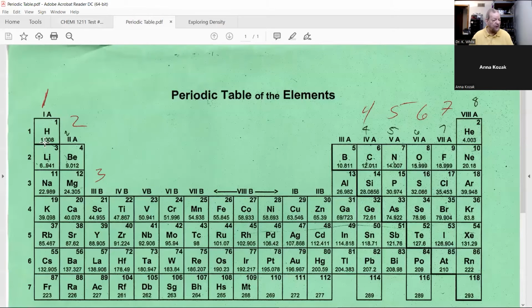We'll look at hydrogen and we see 1.008. Remember, on my tests and quizzes, it will say, please round off to 3 significant figures. That's 1.01. And while we're here, oxygen, which is in water also, is 15.999.